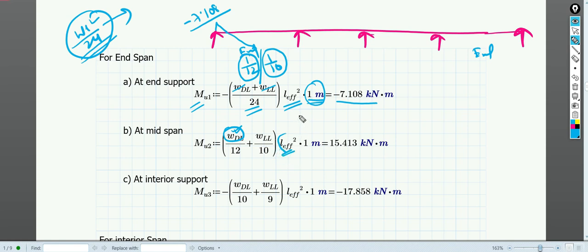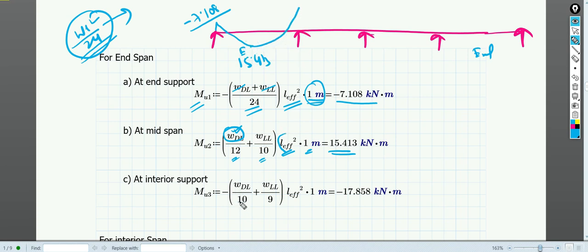Don't bother about that, just remember these equations. If you remember this, or try to understand, you will definitely understand. So here dead load by 12 and live load by 10, into L effective square into 1 meter, so it becomes 15.413. So here the moment is 15.413.